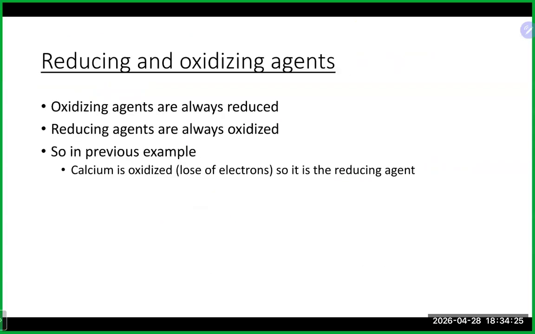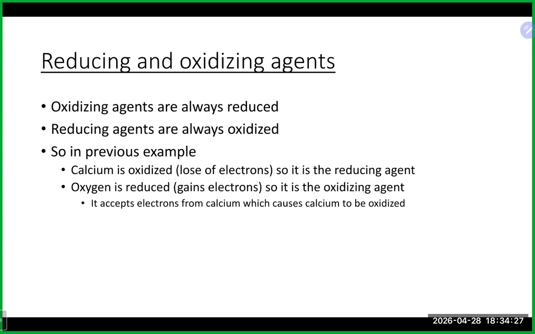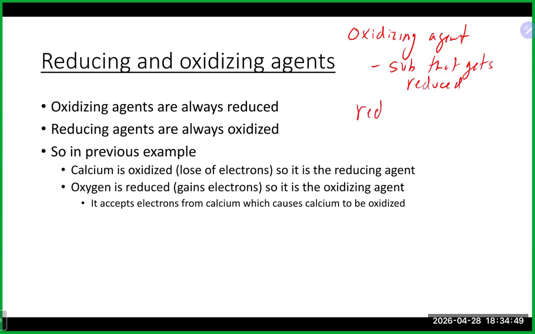Now, in addition to what is being oxidized and what is being reduced, there are also things called oxidizing agents and reducing agents. So the oxidizing agent is actually the substance that gets reduced, while your reducing agent is the substance that gets oxidized.